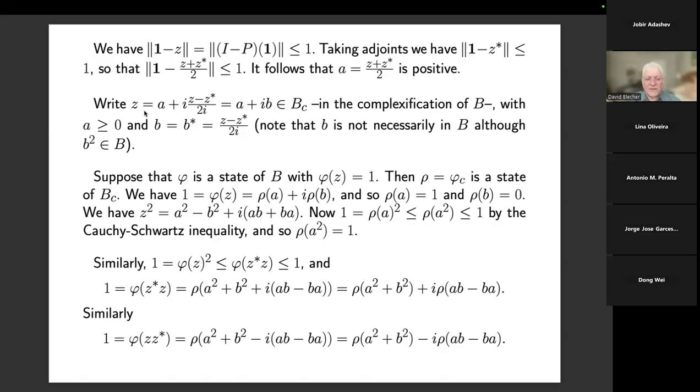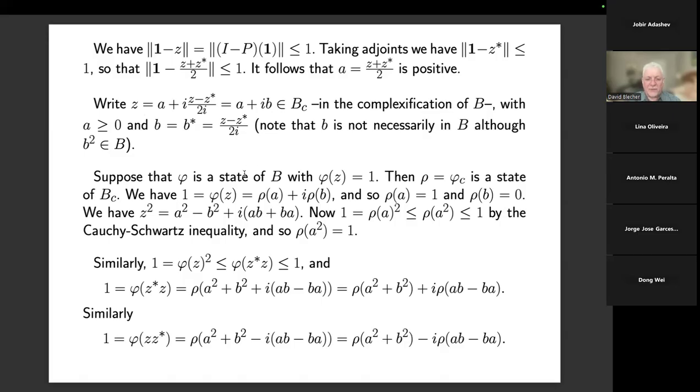I guess that's the key point of the modification of the proof in this case: we move to the complexification now and write our element Z in terms of elements in the complexification. These elements A and B, of course, do not exist in the original algebra.